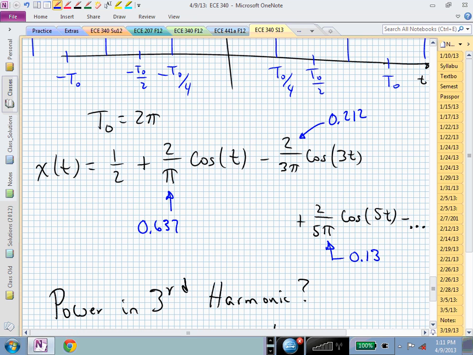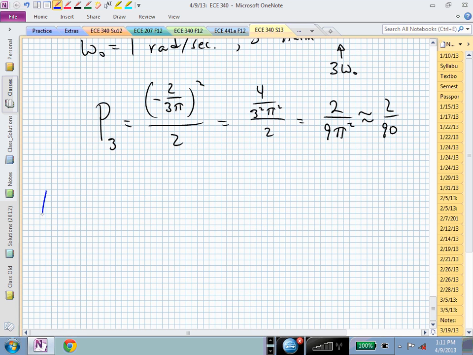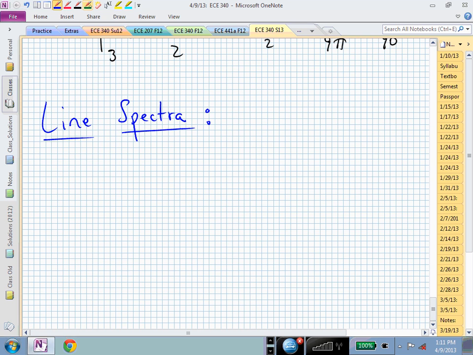And what we now get into in terms of looking at this in the frequency domain, now we're interested in the line spectra. And the line spectra is just a way of cataloging or denoting what's happening with the various frequencies.